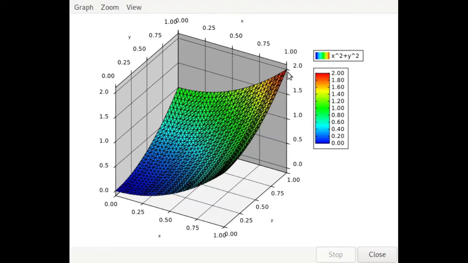We'll see a more complicated example in a moment. Over here, you can easily figure it out. Since it's the square of the distance from the origin, it's clearly the far corner of this square where the maximum is, and it's the corner at the origin which is the minimum.